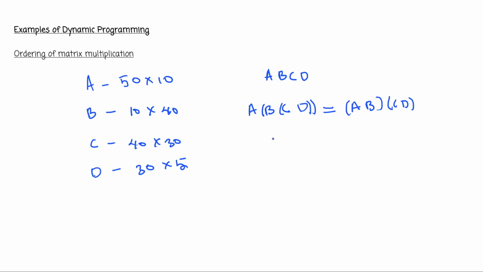The same result can also be obtained if I do it this way: first you take the matrix A, then you take the matrix B and multiply them, then you take the matrix C and multiply, then you take the matrix D and multiply D at the end. This will give us the same result. Another way of doing the same multiplication is first multiply B with C, then multiply the result with A, then multiply the result with D. Similarly, one more possibility is there.